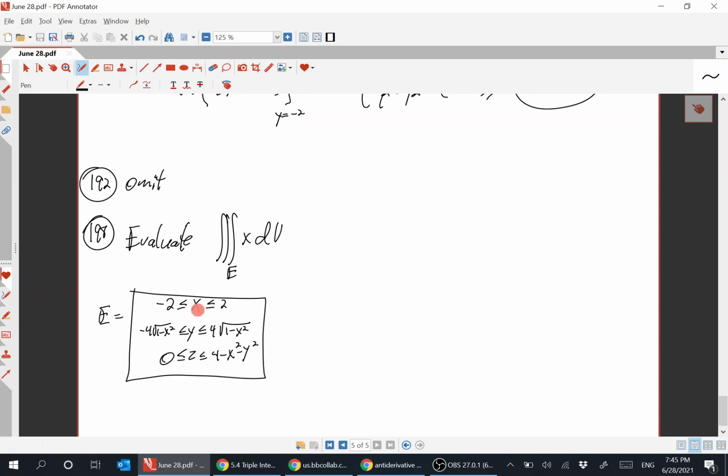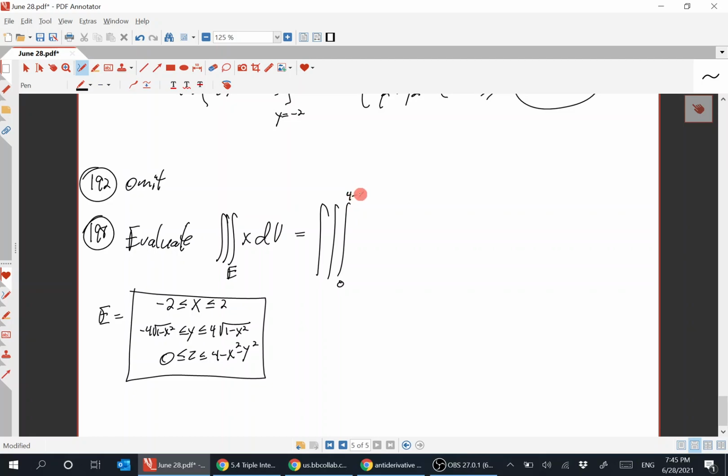So here you have x bounded by constants, y bounded by functions of x, z bounded by functions of x and y. So you go one variable each time on the boundaries. So you have to do this in terms of dz, dy, dx, from bottom to top, unless you can rewrite this integral in another way, which I don't think you can here.